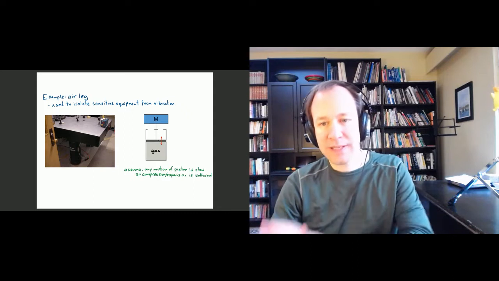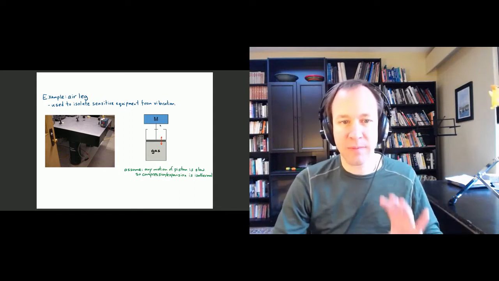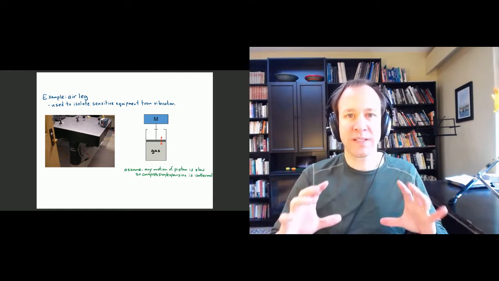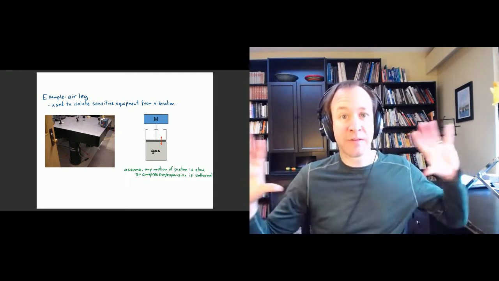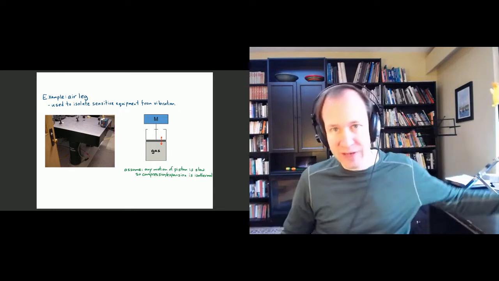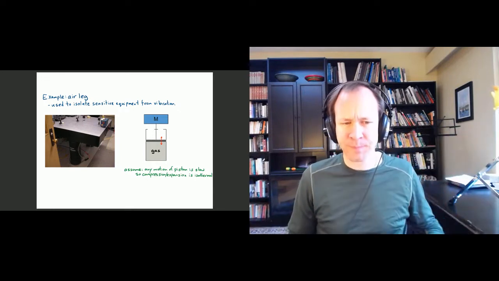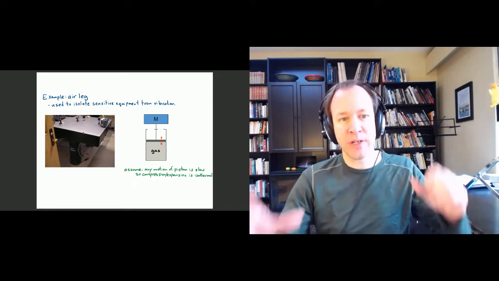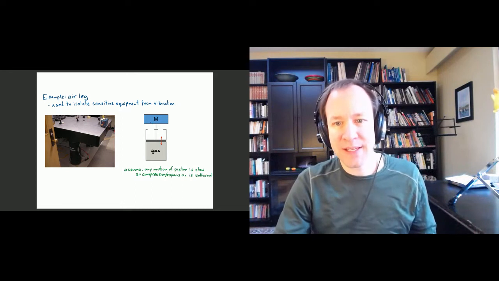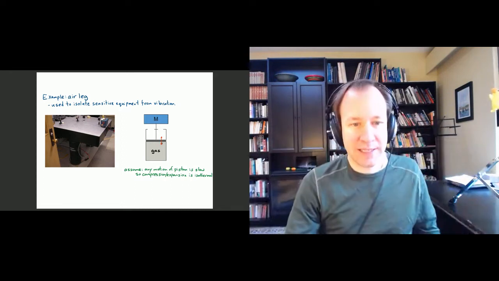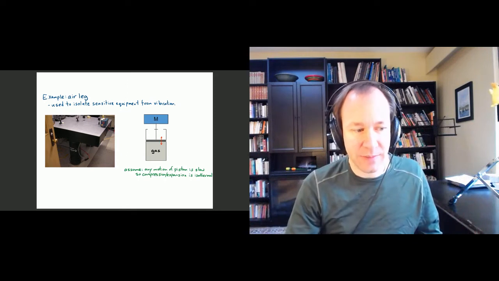So this is actually a practical system that can be used in various kinds of physics experiments when we want to isolate our experiment from any vibrations that might be present in the room, from cars driving by or people walking down the hall. So you have this heavy table, you put your experiment on the table, and the table is attached to a piston, which is inside a cylinder of gas. You can see that down at the bottom here.